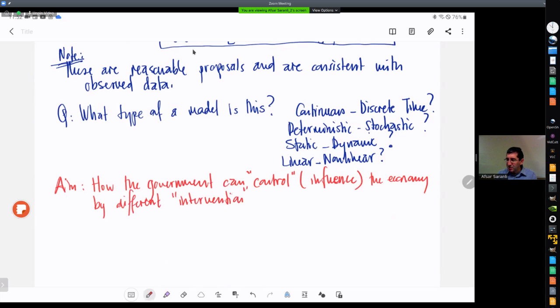By interventions, we mean whatever the government has, like taxes, extra taxes, some other incentives for you to save money, and so on.